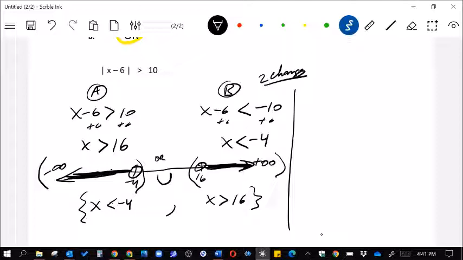You can pick any one of these, or any one of these, and they're all going to be correct. So in interval notation, it's negative infinity to -4, union with 16 to positive infinity.